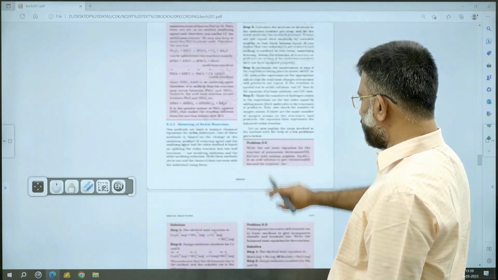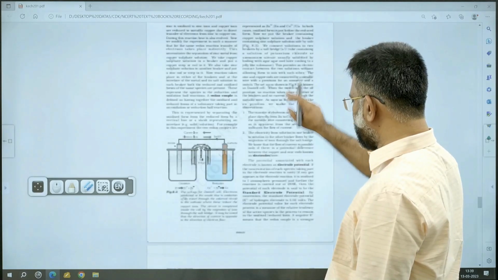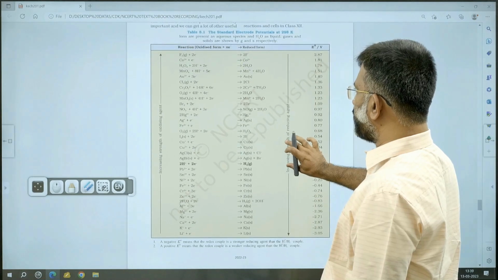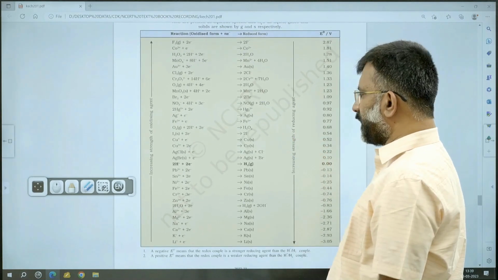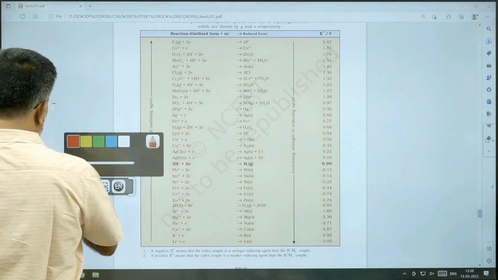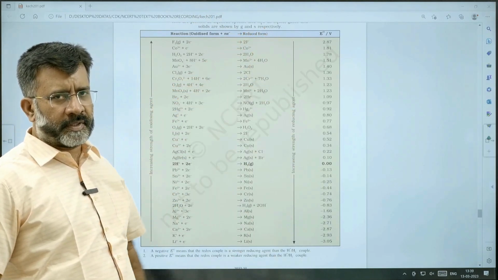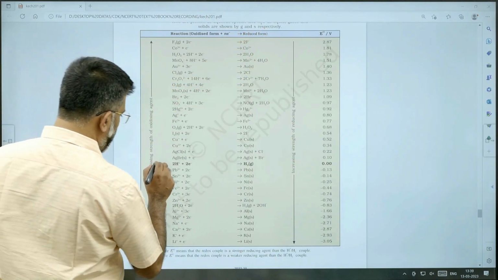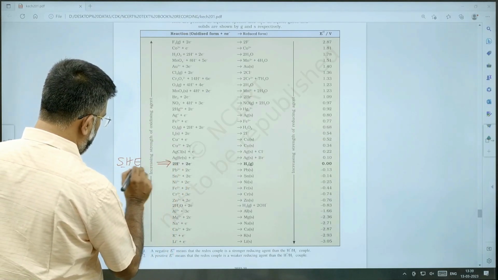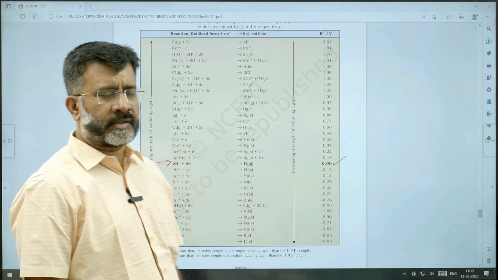Now I was talking about standard reduction potential. Let me see whether the table is available. Yeah, this is the table, the standard reduction potential table, the electrochemical series, known to all. It is an arrangement of standard reduction potentials of various species in order, and the reference is SHE, the standard hydrogen electrode, whose potential is arbitrarily fixed as 0.